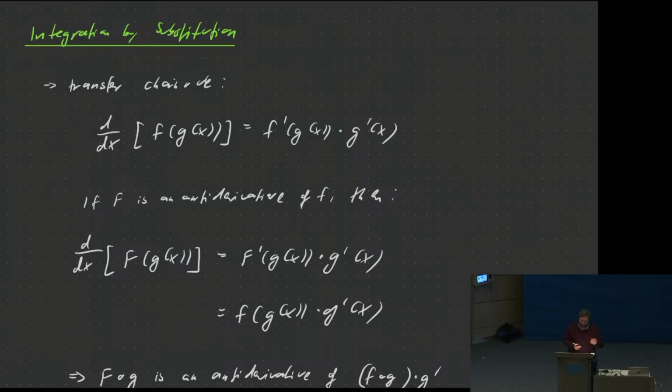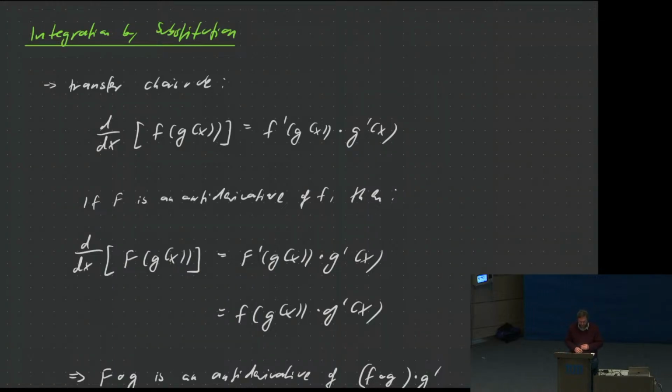We had the product rule before. Now this time we are looking at the chain rule. And you remember the chain rule looks like this here. If you want to differentiate a composite function, f after g, you start by differentiating the outer function, evaluating that at the argument, at g of x, and then you multiply by the derivative of the argument.